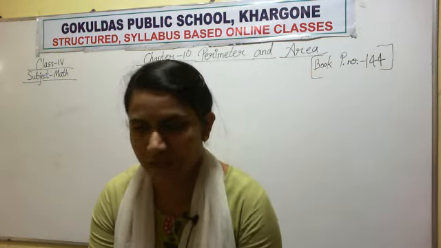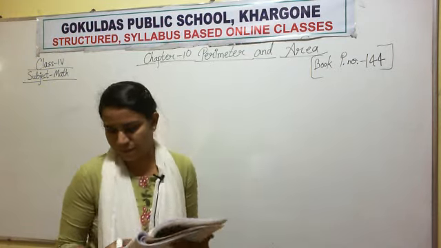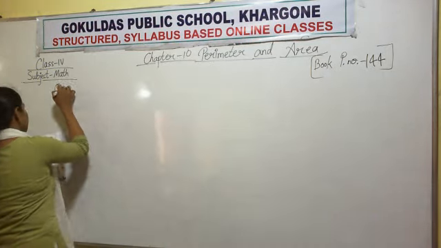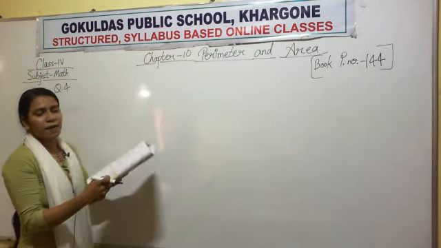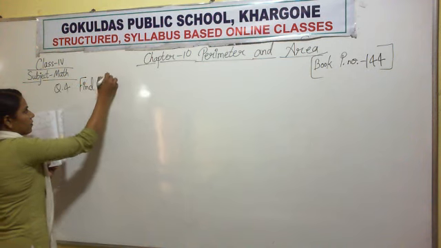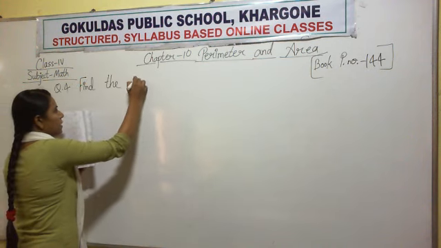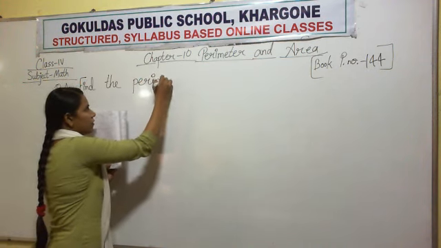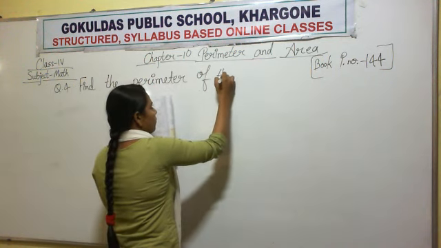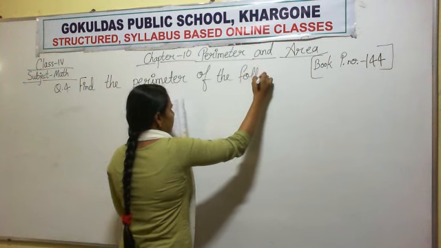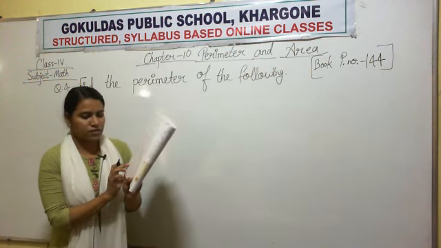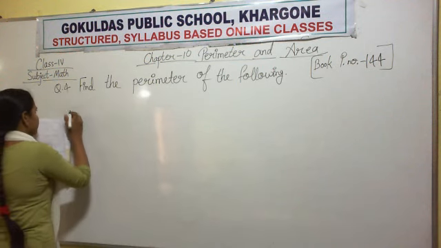Read question 4 carefully. Find the perimeter of the following. Right? It is question number 4. Some shapes are given.